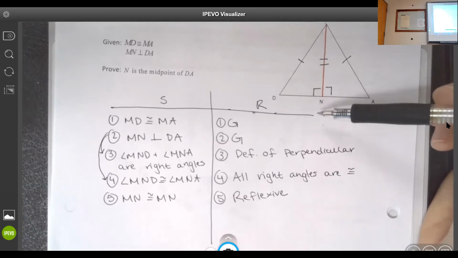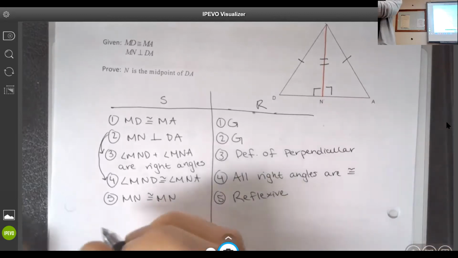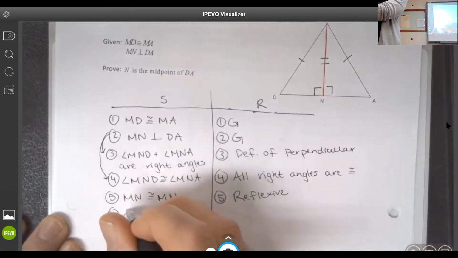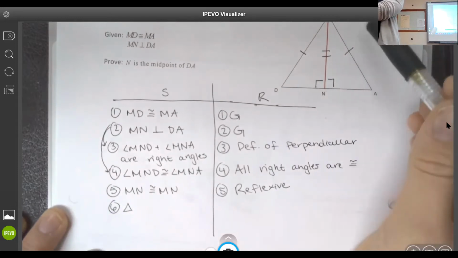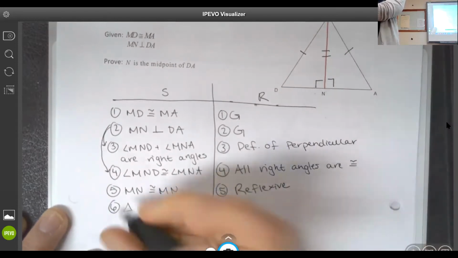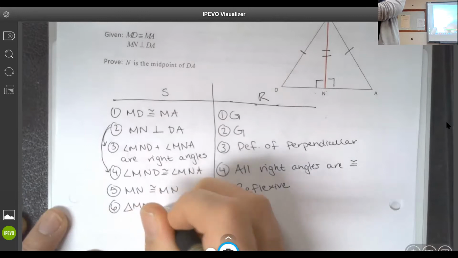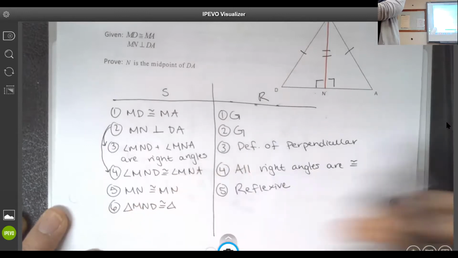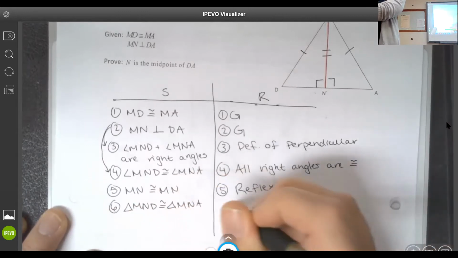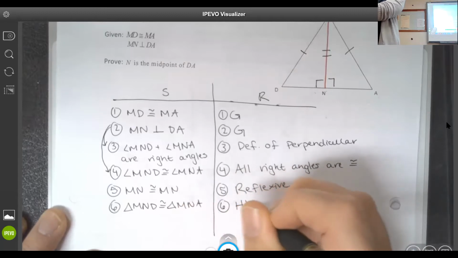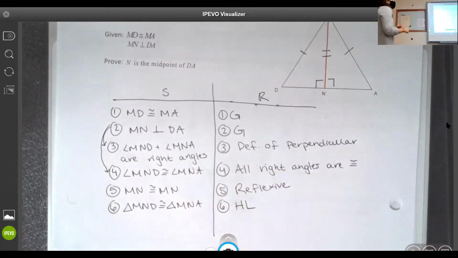So because it's a right angle, I can say that my triangles are congruent. That triangle MND is congruent to triangle MNA by hypotenuse leg, because what I do have is a right angle, the hypotenuse is matched, and this leg is the same.